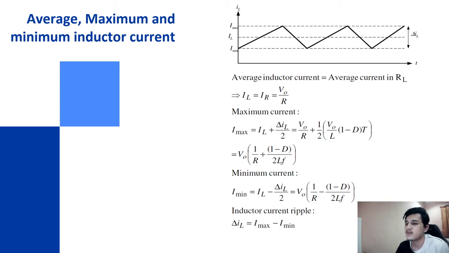And for minimum current, we also have the formula. And the inductor current ripple is equal to Imax minus Imin.